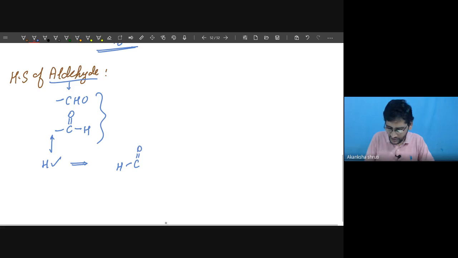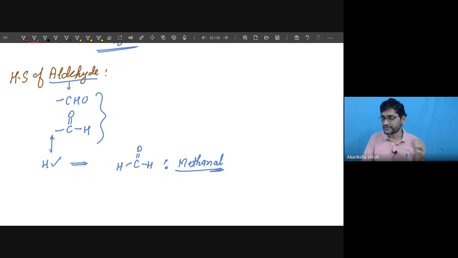In this case it is giving HCHO. Considering the carbon present in this functional group as 1 for its IUPAC nomenclature, it becomes methane. The e has to be dropped and replaced by al. Methanal, not ol, otherwise it becomes alcohol. So this is the basic or first member.